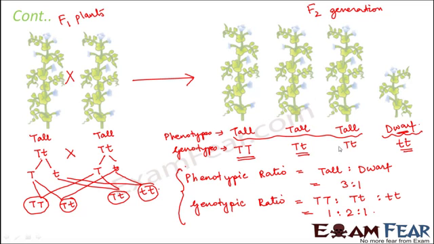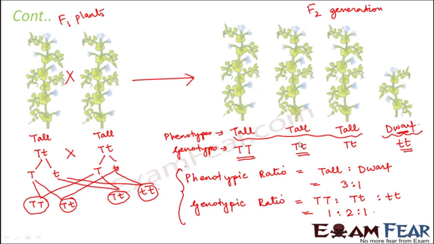Because of this we saw that 1/4 of the F2 generation was dwarf and the rest of them were tall. Here we can see that for these 3 types of plants, their phenotypes are all the same, but their genotypes are different. Due to this heterozygous genotype, one trait remains hidden for a particular generation, but it gets expressed in some later generation.